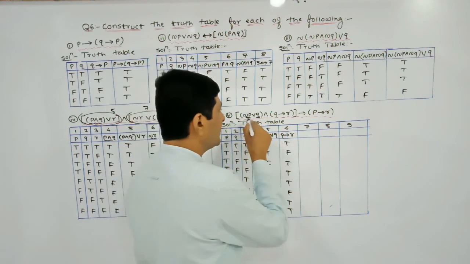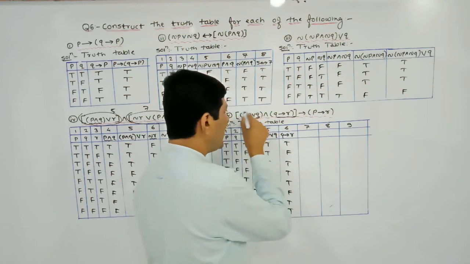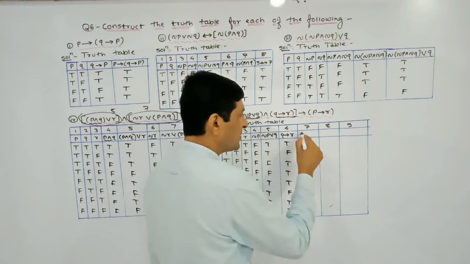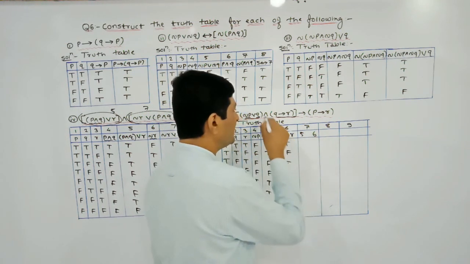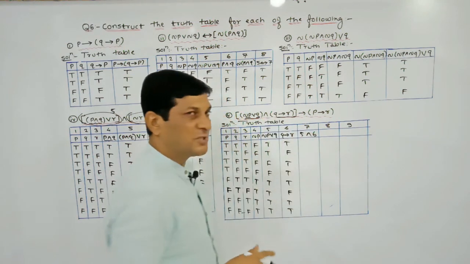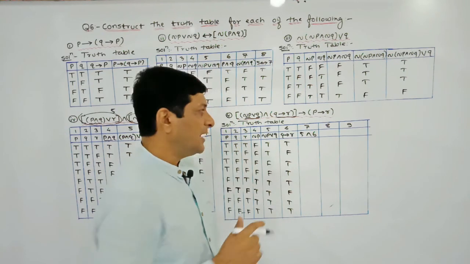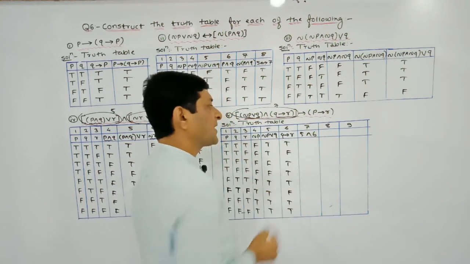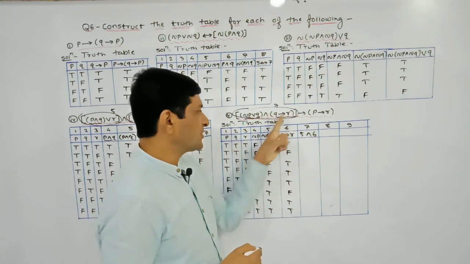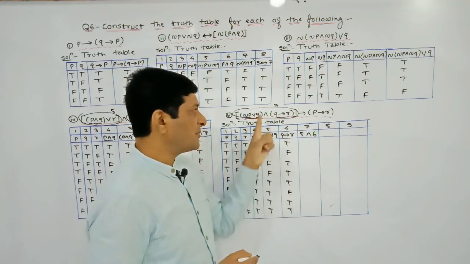Later on we are connecting these two statements. The truth value of this statement lies in column number 5 and the truth value of this statement lies in column number 6, and these two columns we have to connect by which logical connective? AND. And the truth value of this whole statement lies in now which column? 7. Okay, well, now connect these two statements, meaning column number 5 and column number 6 by AND.